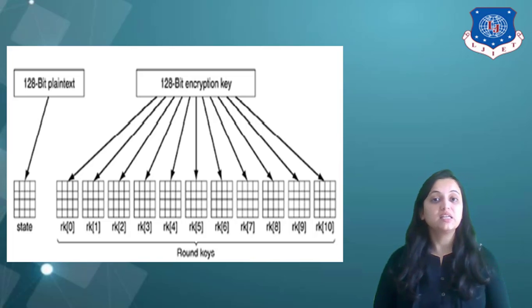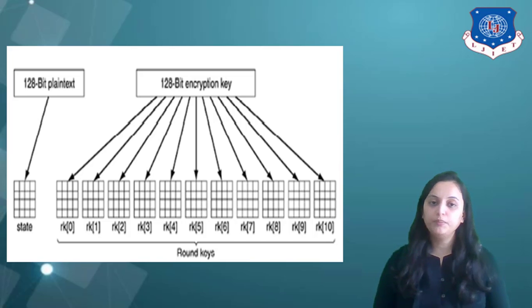Step 2 rotates each of the 4 rows to the left. Row 0 is rotated by 0 bytes, row 1 by 1 byte, row 2 by 2 bytes, and row 3 by 3 bytes. This step diffuses the contents of the current data around the block, analogous to permutations.